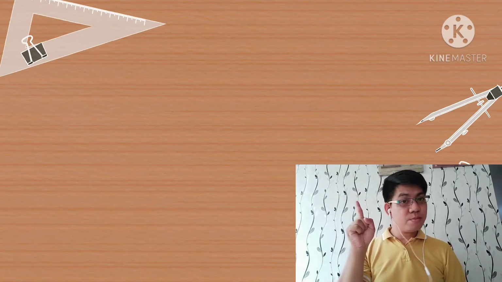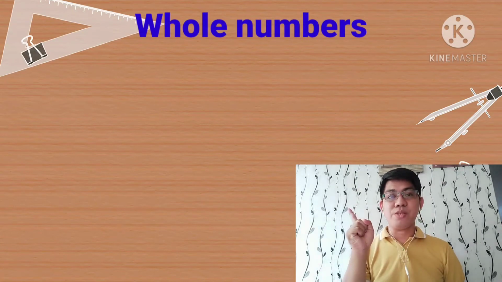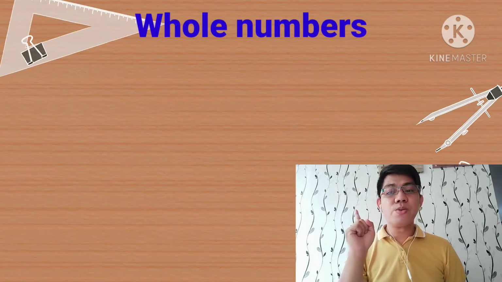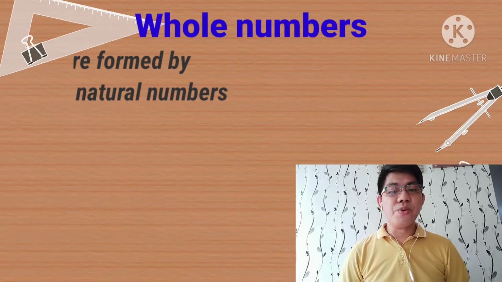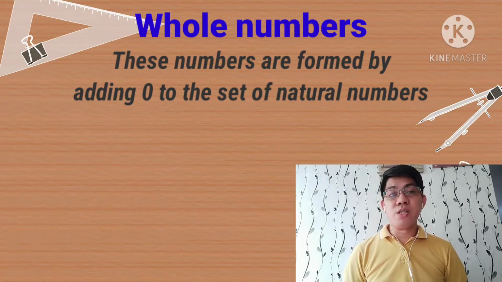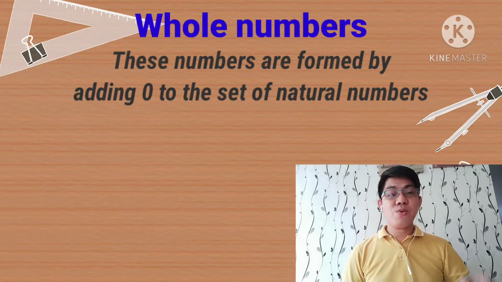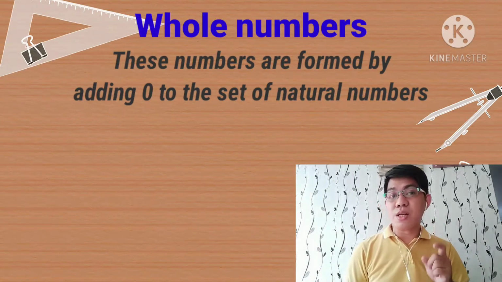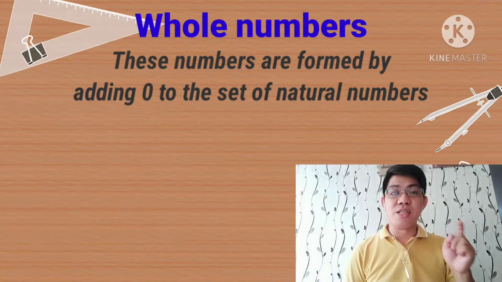The second one is what we call whole numbers. When we talk about whole numbers, these numbers are formed by adding 0 to the set of natural numbers. Kung kanina, yung natural numbers, nag-start tayo sa 1, 2, 3, 4, and so on.